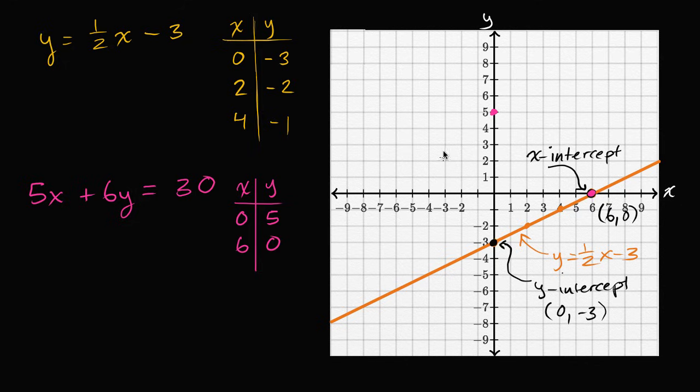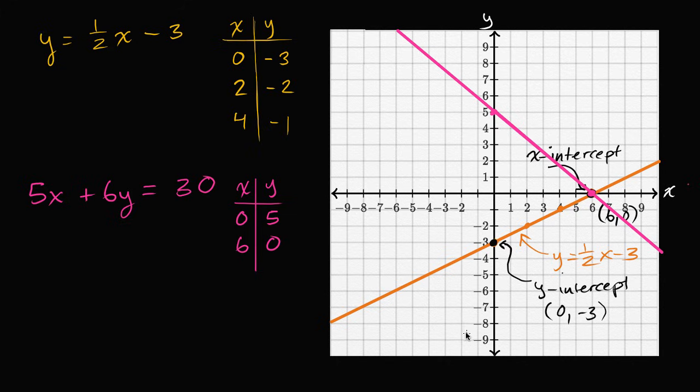And then the actual line that represents the x and y pairs that satisfy this equation is going to look like this. It's going to go through those 2 points, and I can make it go the other way too. And so it's going to look something like that.